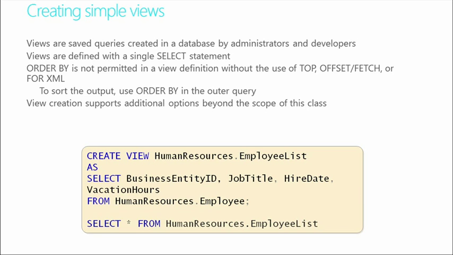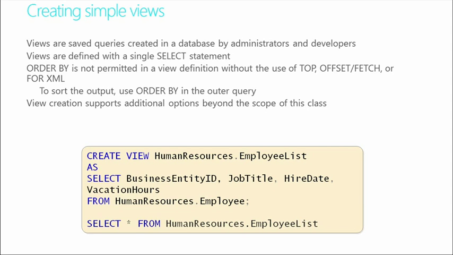So when I execute a select statement against a view, it's actually retrieving the information from underlying tables through this view. We're going to create a view called HumanResources.EmployeeList, selecting 4 columns from HumanResources.Employee, and then we can turn around and do a select asterisk from that employee list.